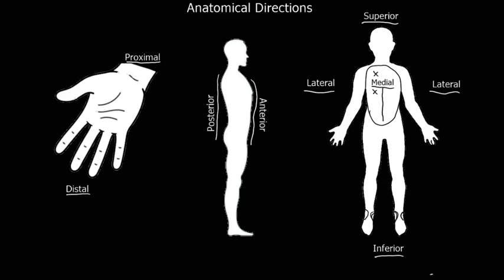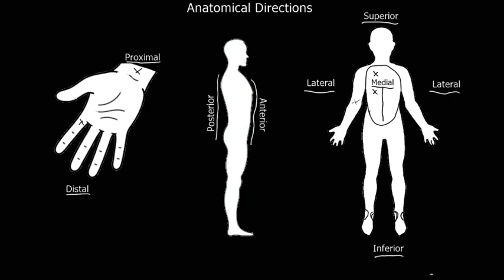So an example of this would be that our wrist is proximal to our elbow when we compare it to our first digit, which would be distal to the elbow.